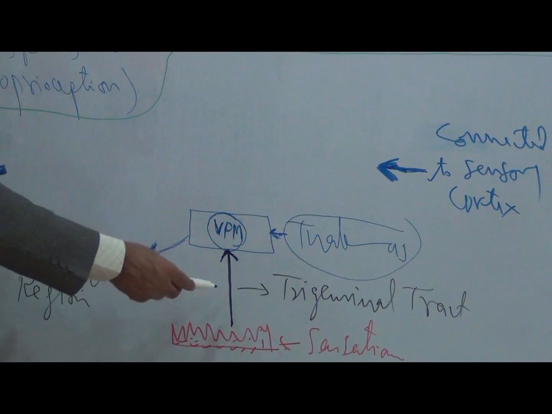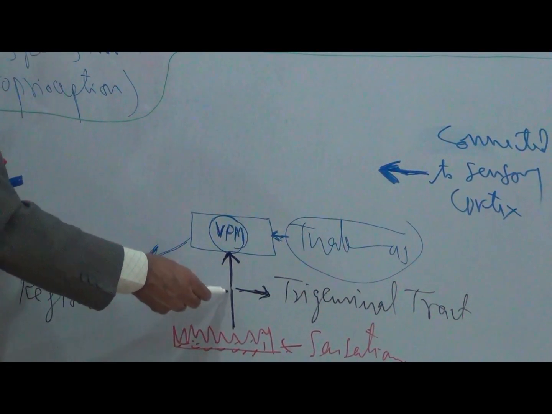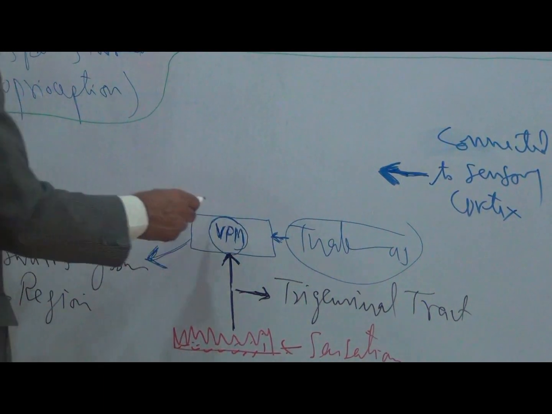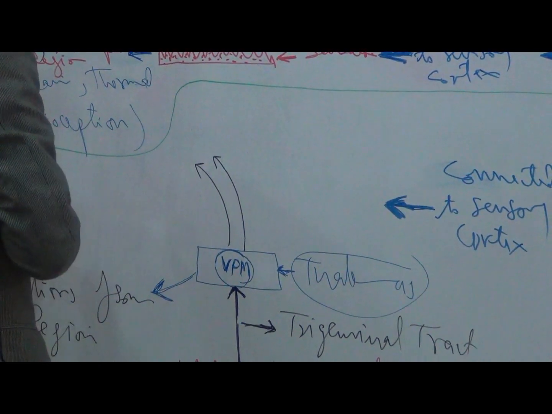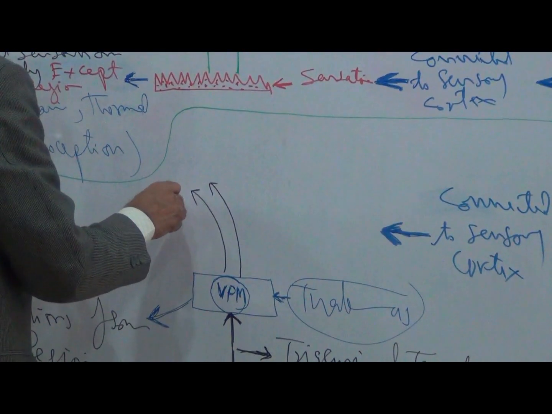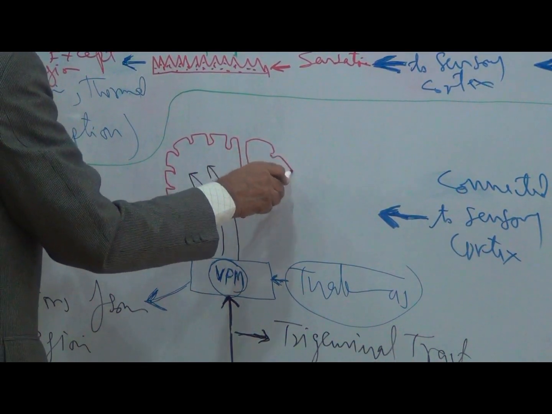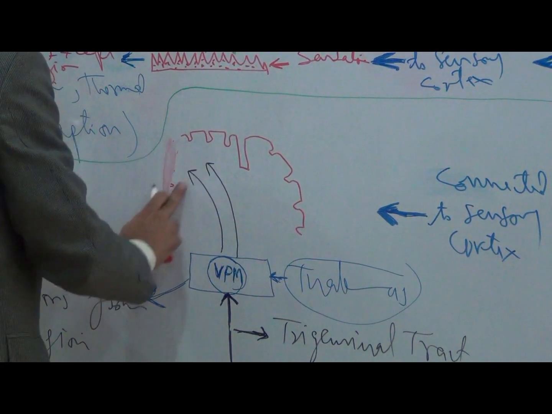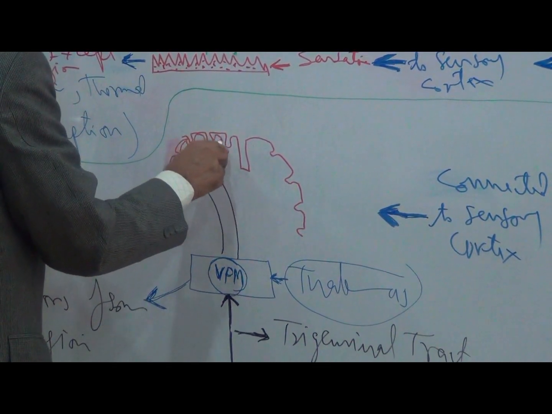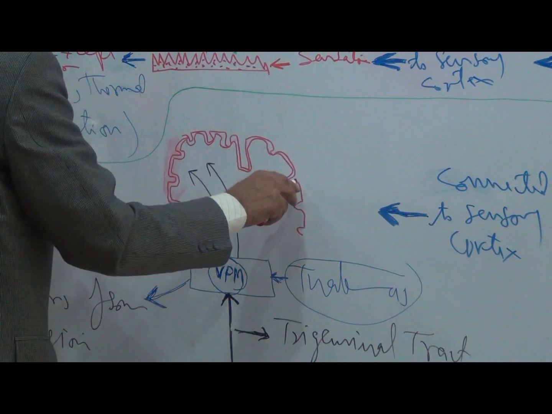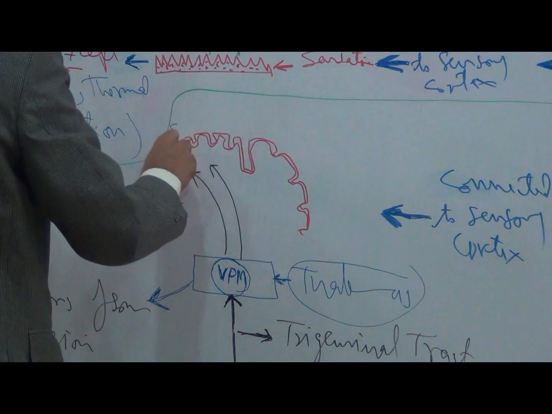From the head region, the tract arises in the form of trigeminal tract, which relays in the ventral posterior medial nucleus of the thalamus, and from the thalamus these impulses again pass to the cerebral cortex of the opposite cerebral hemisphere, the sensory cortex.